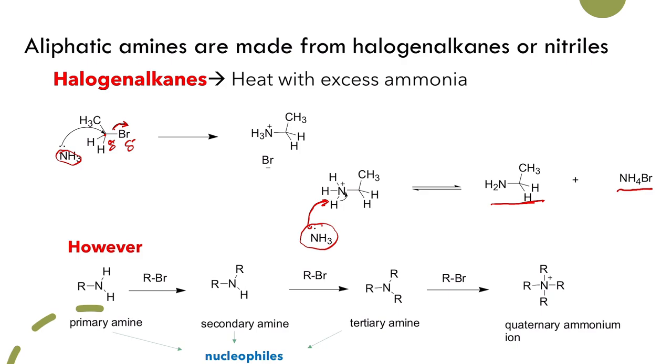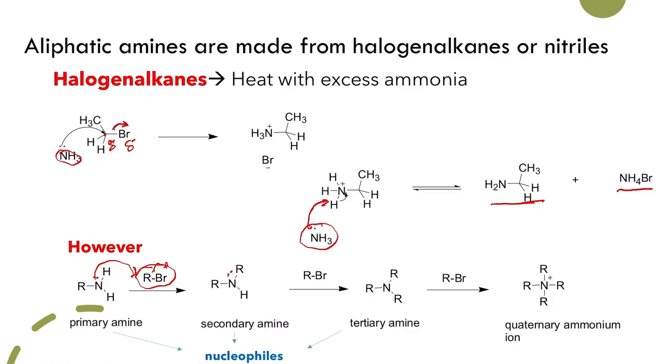This is because the primary amine will still have the lone pair of electrons on the nitrogen and is still going to act as a nucleophile. So it's going to attack the halogenoalkane that is present here to make more of the amines, and it's going to give you secondary amine in this case.